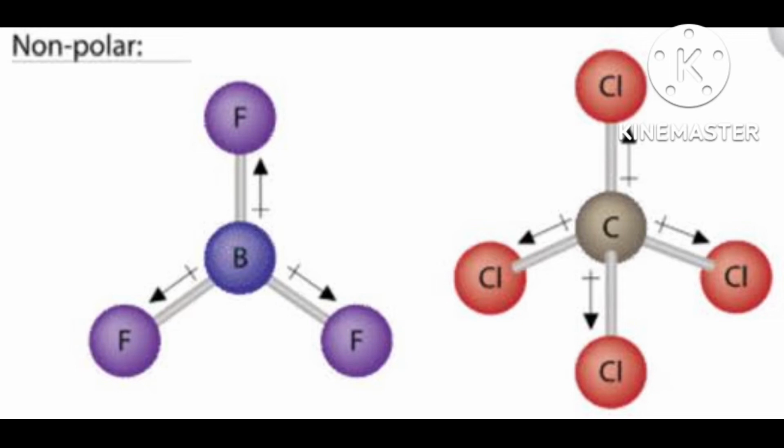The orbital dipole is in the direction opposite to the resultant dipole moment of the three N-F bonds. See, in NH3 their resultants were all in the same direction, but here in NF3, the resultant is opposite to the three N-F bonds.